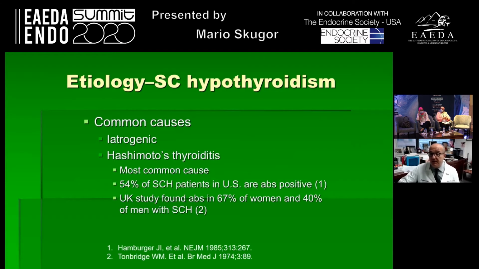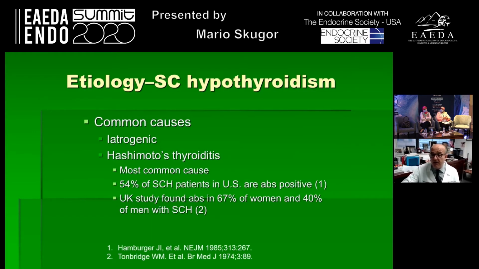Of course, the biggest group is the group who has Hashimoto's thyroiditis. That's the most common cause. About 54% of the patients who are diagnosed with subclinical hypothyroidism have positive antibodies for Hashimoto's thyroiditis, either thyroglobulin antibodies or microsomal thyroid peroxidase antibodies, as they're also known.